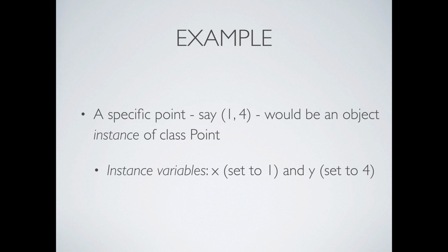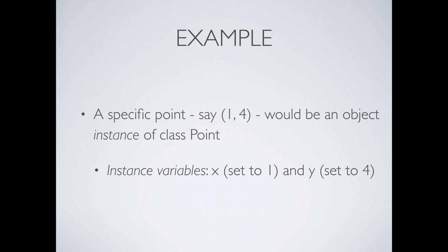Everything in class point, all the different object instances, are all going to have an x and y coordinate value, but the second you set it to a specific value for your specific instance, in our example the point 1, 4, the instance variables are: we're setting x to be 1, and we're setting y to be 4.